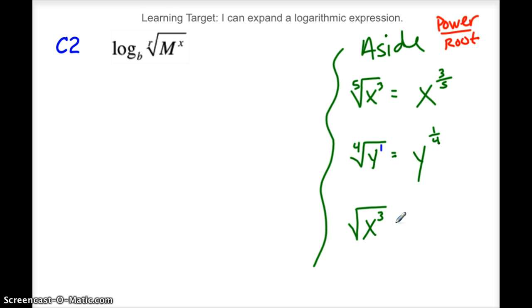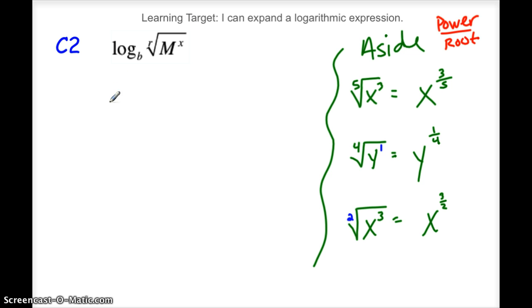What if there's no number, no root signified in my root? Remember, it's understood to be a square root, so there's a 2 for the root. So if our power was 3 and our root was 2, we would say the power was 3/2.